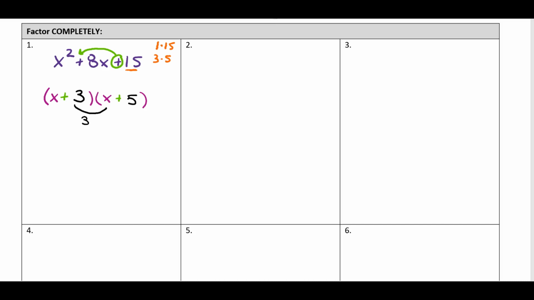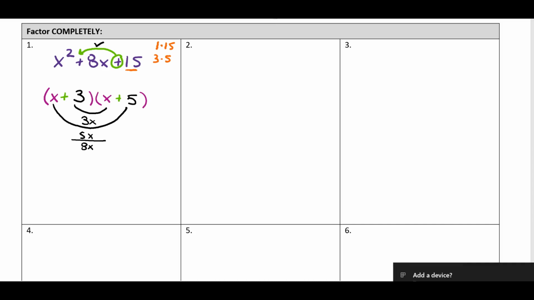3 times x is 3x. x times 5 is 5x. That adds up to 8x. So that's a check. And then I'm going to double check the rest of it matches. x times x is x squared. And 3 times 5 is 15. Check, check.